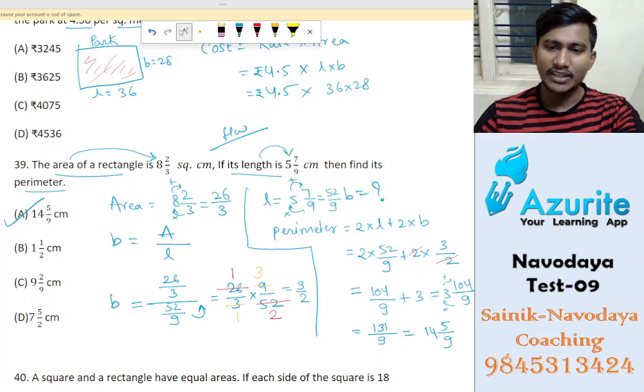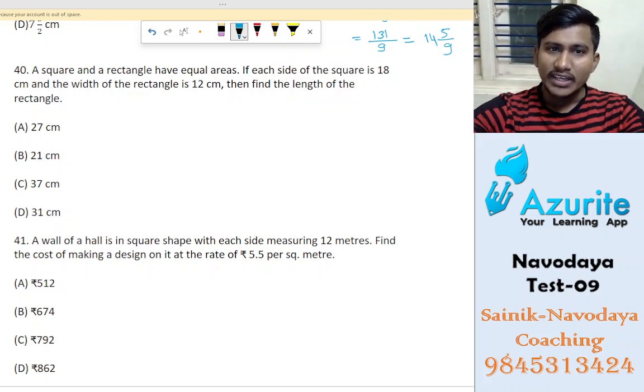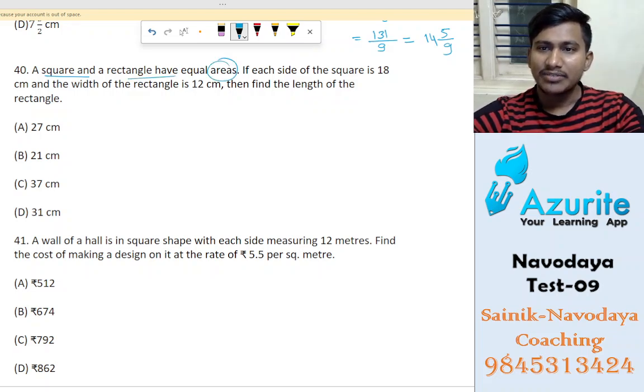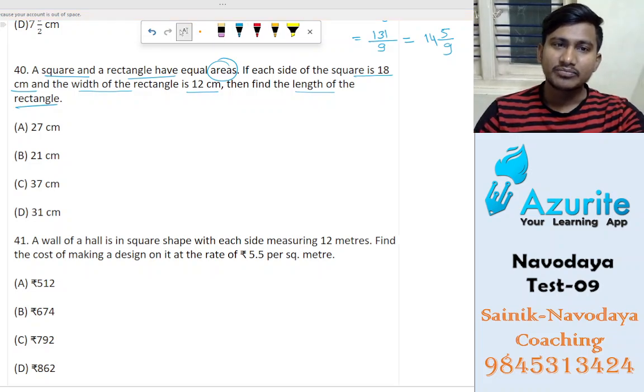Fine. So here the 40th question is important. See here. A square and a rectangle have equal areas. If each side of the square is 18 centimeter and the width of the rectangle is 12 centimeter, then find the length of the rectangle. So what they are telling is that the square and rectangle have equal area.